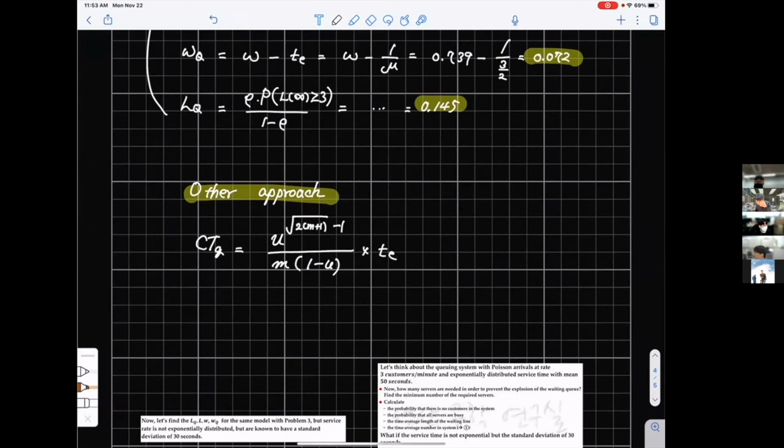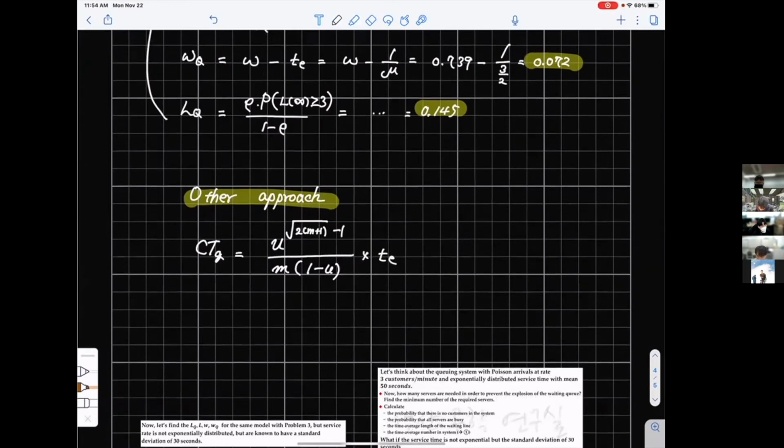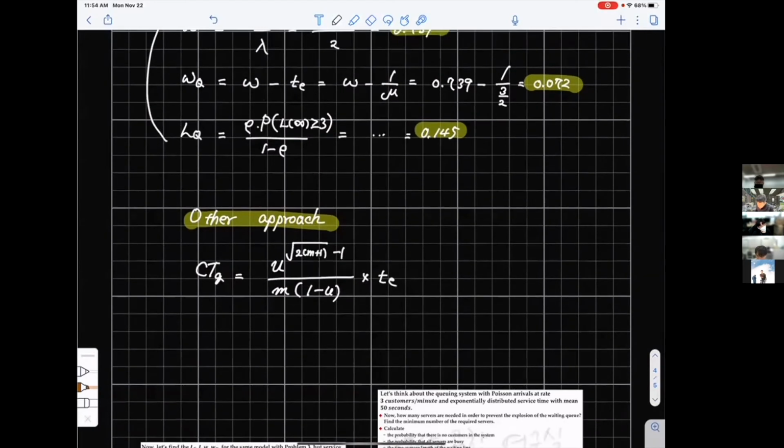This is the Kingman formula, who have developed it. Anyway, this is coming from the Factory Physics book. So we can use this formula in this problem also.